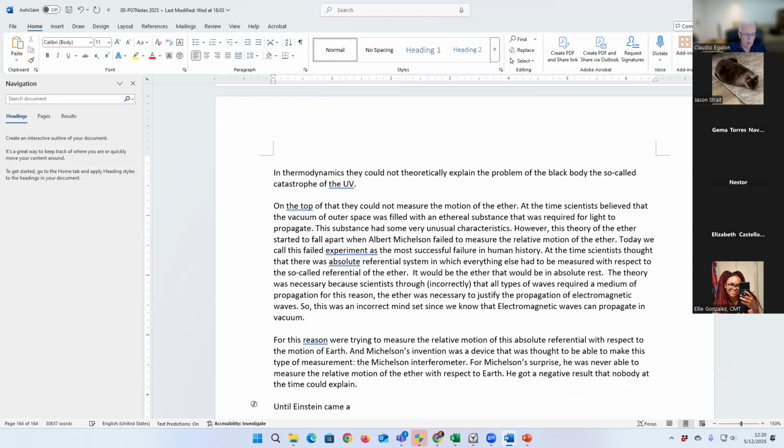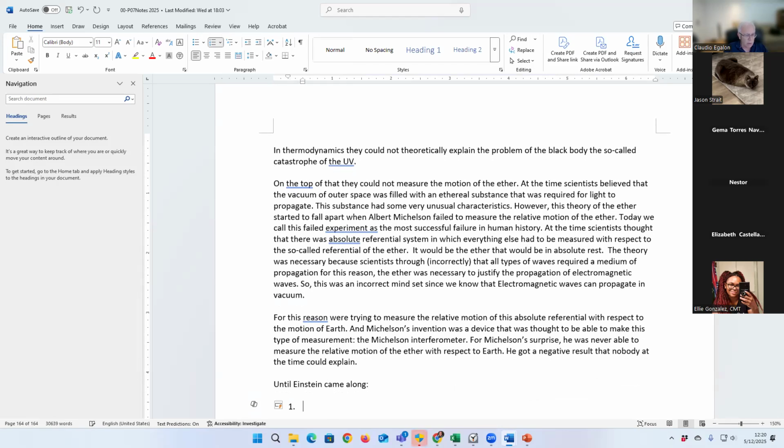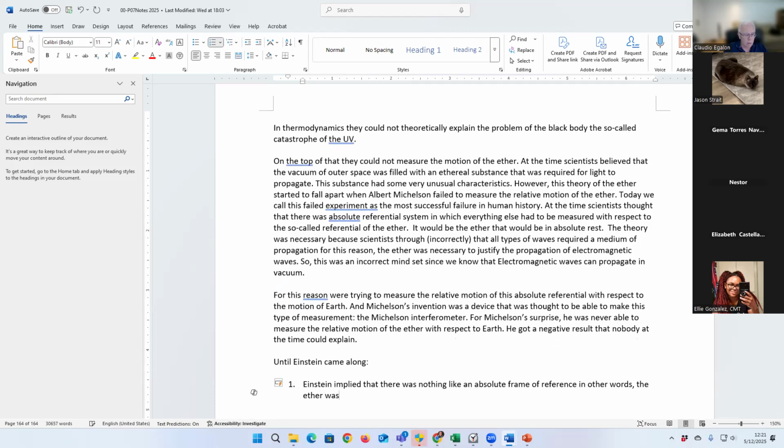Einstein came along. First, he implied that there was nothing like an absolute referential, an absolute frame of reference. In other words, the ether was an unnecessary hypothesis.